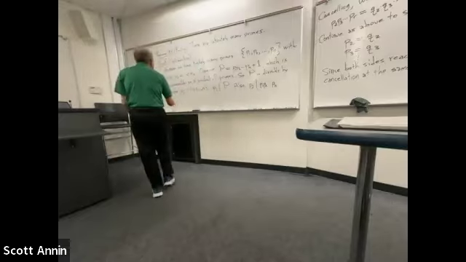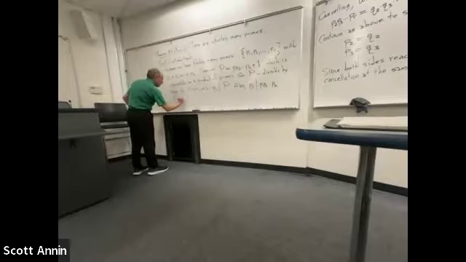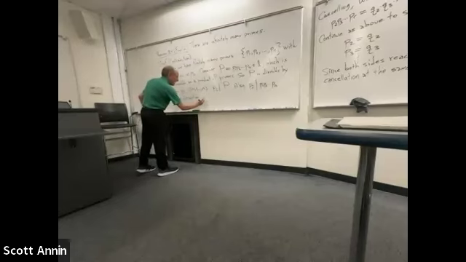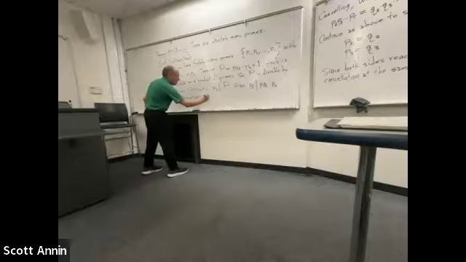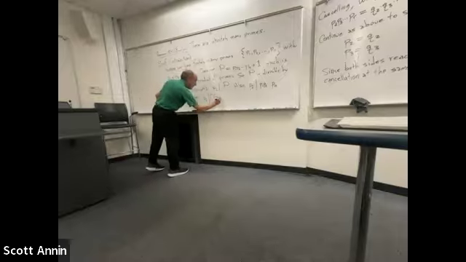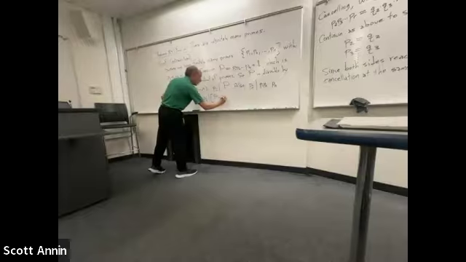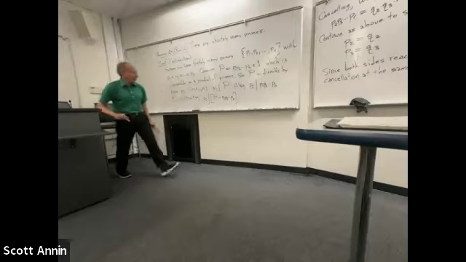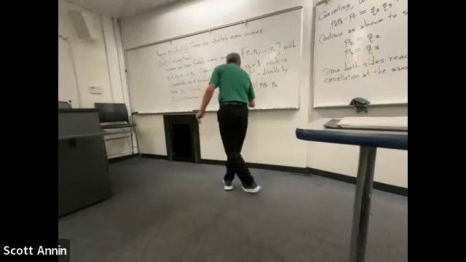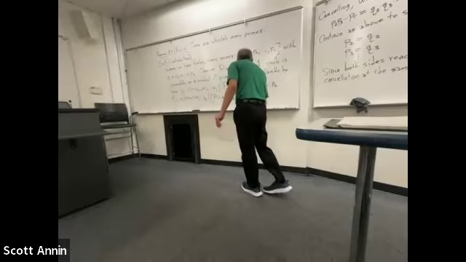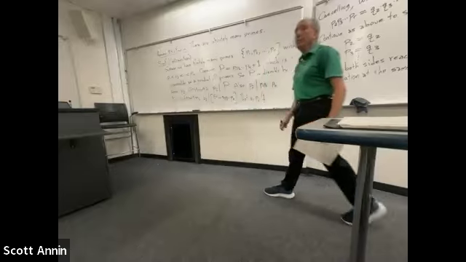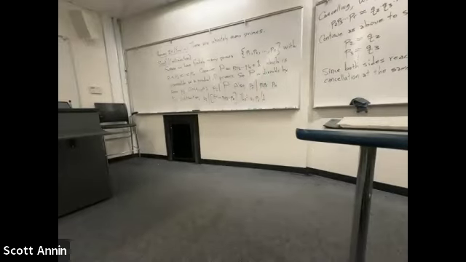Okay, so by subtraction, we're almost done, guys. By subtraction, this p_i divides capital P minus the product p_1, p_2, up to p_n. And that means p_i divides 1, which is impossible, right?